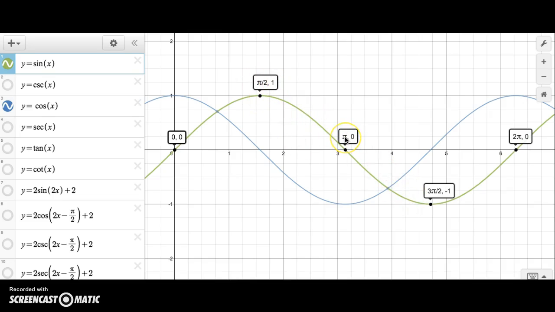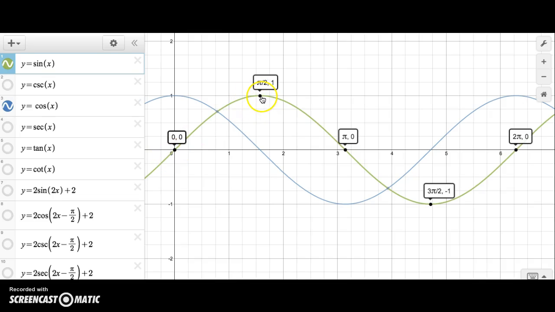Each one pi is 180. So this is 90, 270, 360. Based off the unit circle, you'd use the y coordinates to figure out where it would go.